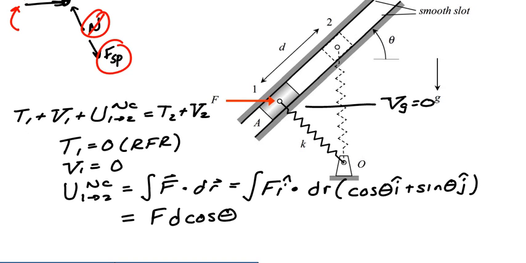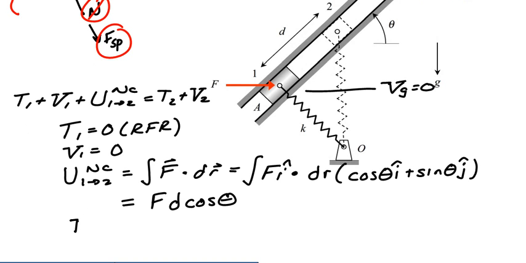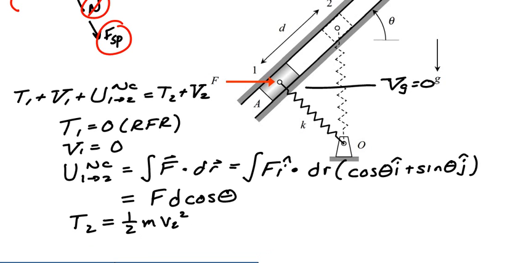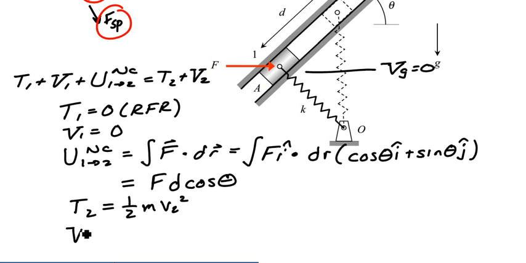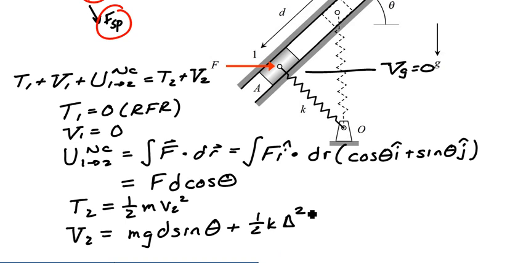In terms of energy at the second state, we have a particle in translation, so we're going to have 1/2 times m v2 squared. And in terms of potential energy at the final state, we're now above the datum, so I'm going to have m times g times d times the sine of the angle theta, plus the energy in the spring, which is 1/2 times k times delta squared, where delta is the amount of stretch at the final state.